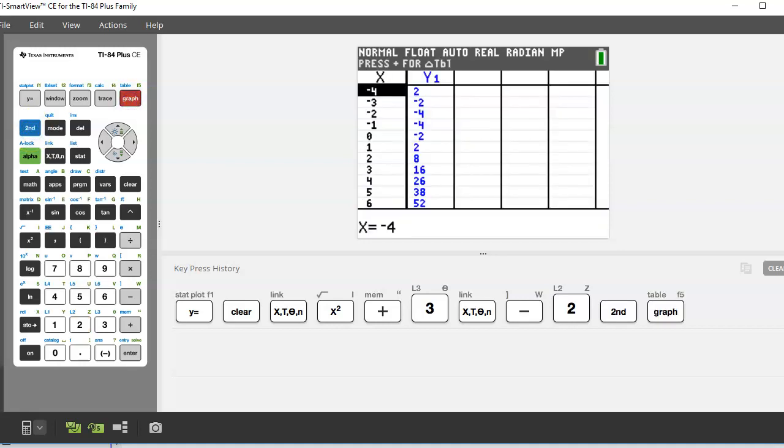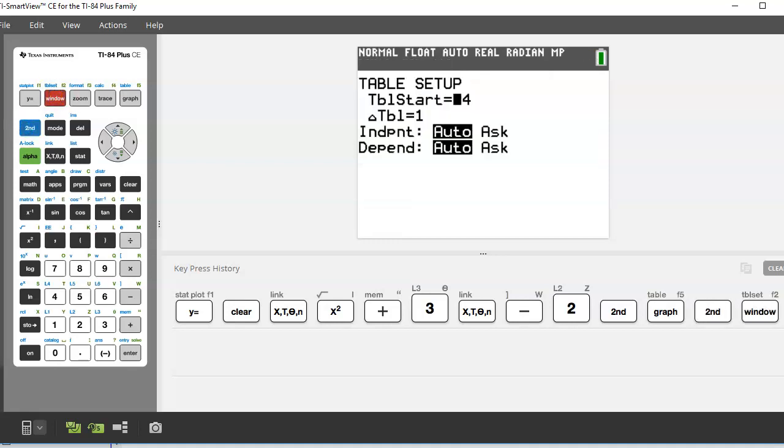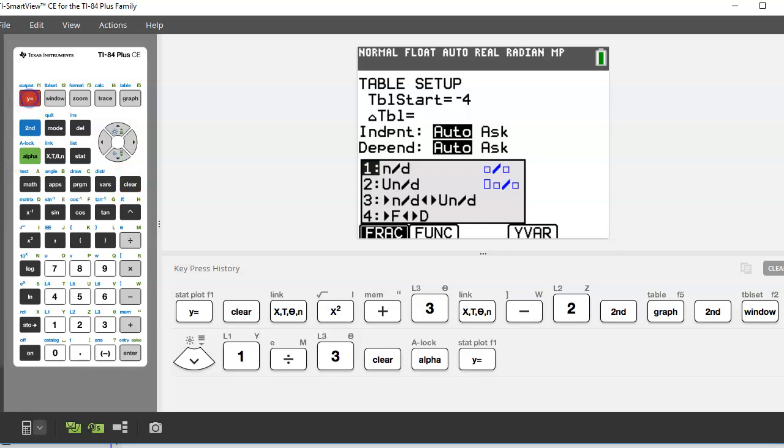So if you put this in your y equals and you go to your table, you wouldn't see 1/3 or negative 1/3 in here. So you have to go into table set above window, second window, change this number to 1/3.